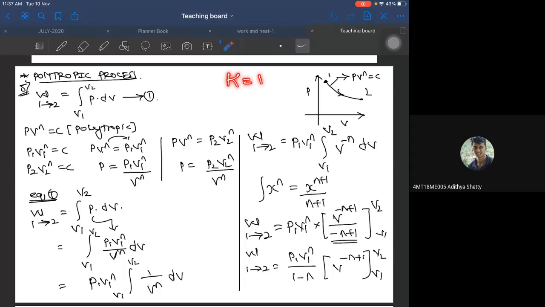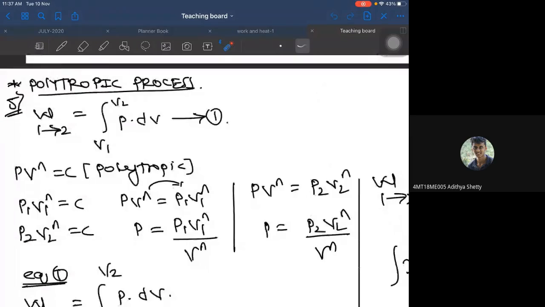That means the value of K for a polytropic process is n. It is not 1, not 0, not infinite, not equal to the ratio of specific heats, but some arbitrary value. That's why we consider K to be the value of n. Okay, so that is your polytropic process. For a polytropic process, you can observe PV to the power of n is equal to constant.